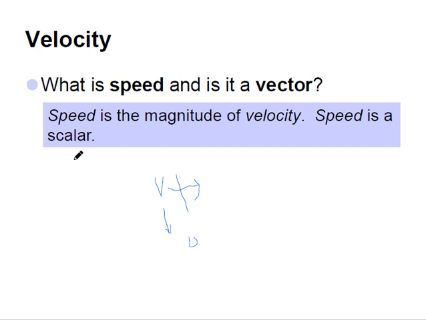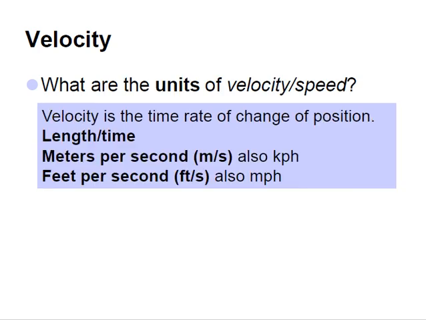Speed is the velocity without the direction. Speed is a scalar, not a vector. Why? Because it doesn't include direction. Alright, you got it.